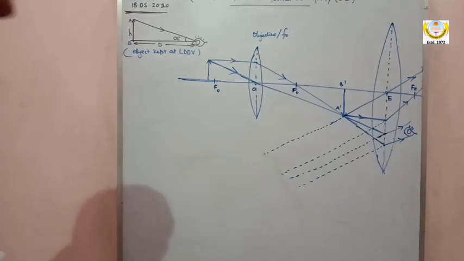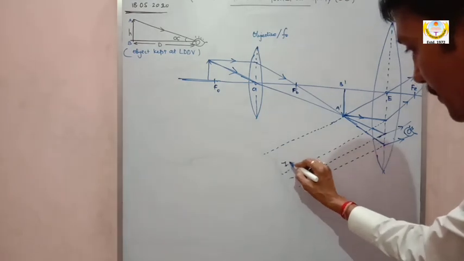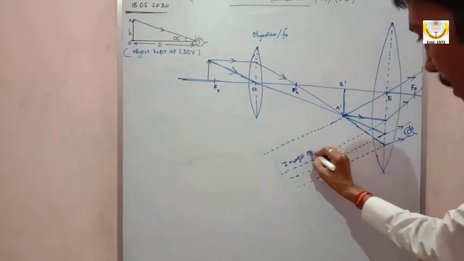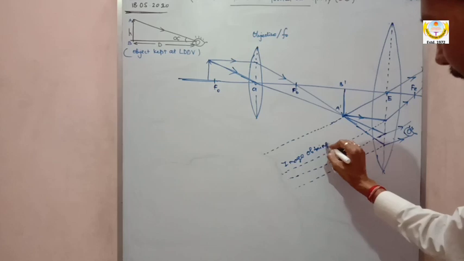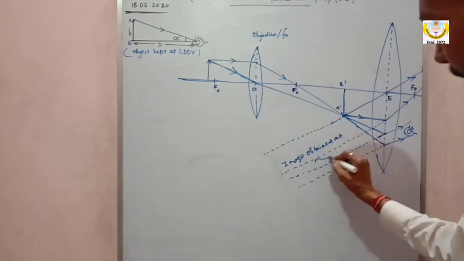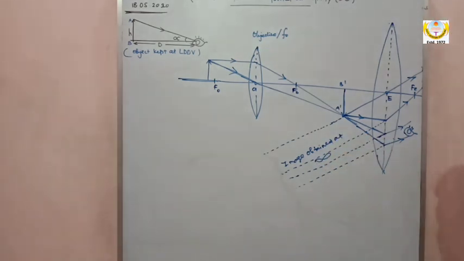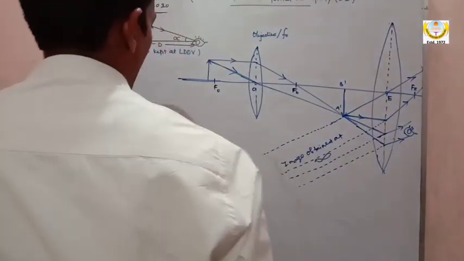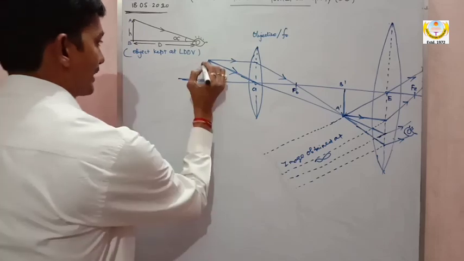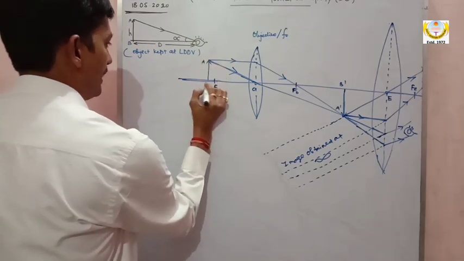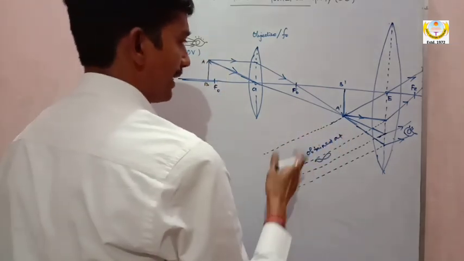So here you all can see, my dear, the image is obtained at infinity and we are keeping our eye there. Here I will say the image is obtained at infinity. Now for this diagram, again the same concept, this is A, this is B, image obtained at infinity.